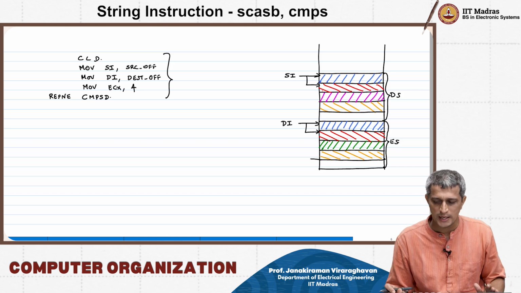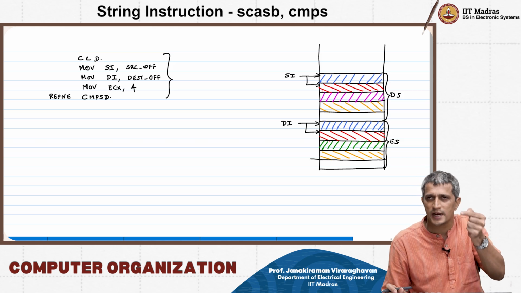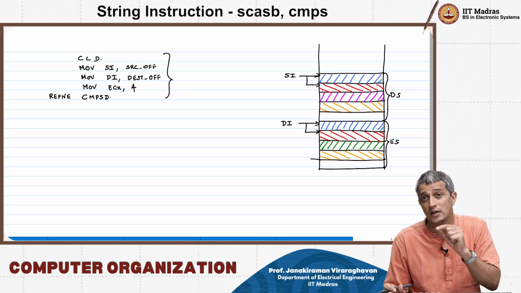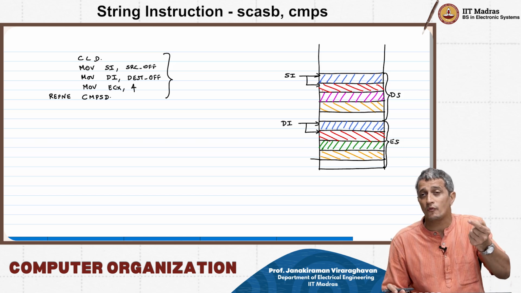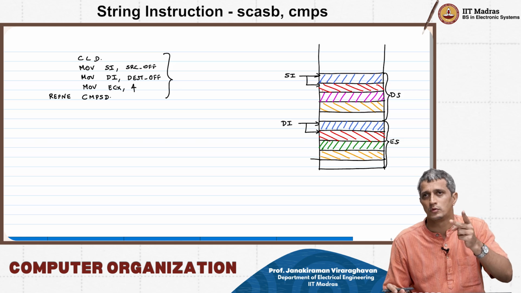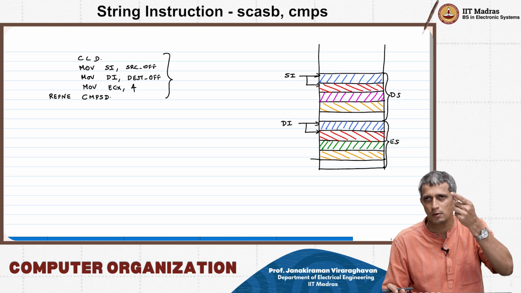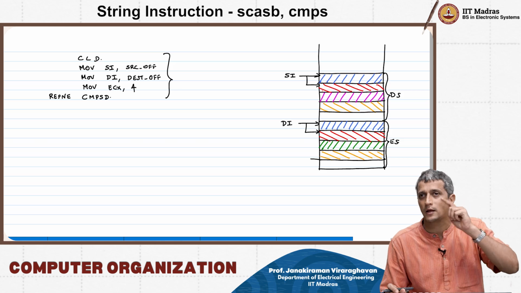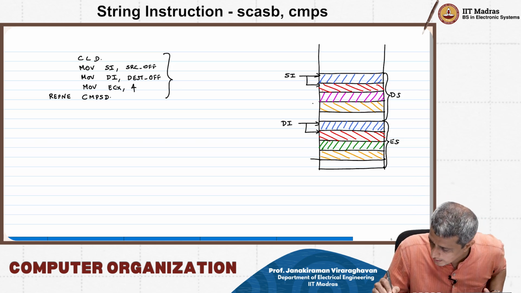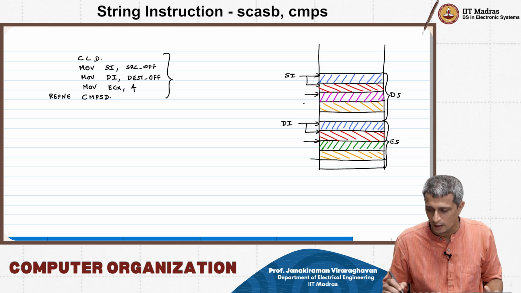So, what will happen? It will compare blue with blue, it is the same, then it increments SI and DI by 4, then it compares red with red, yes, both are the same, and in the meanwhile it has decremented ECX by 2, because it has done this loop twice. So, ECX, which was 4, has become 3 and then 2, right. Now, again you compare, because now SI and DI are pointing here, right.